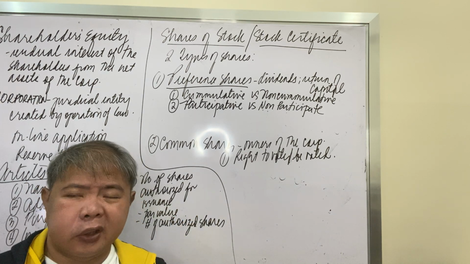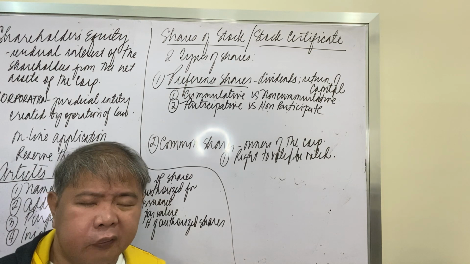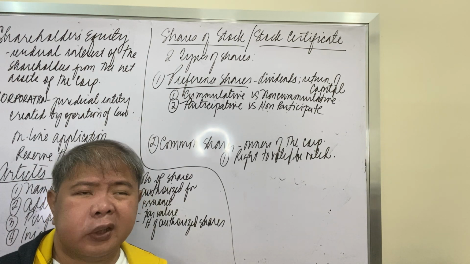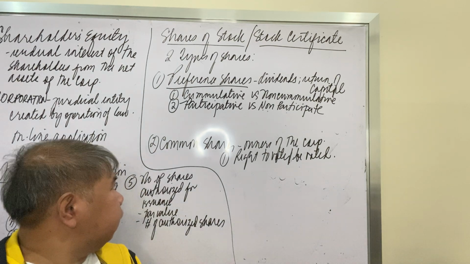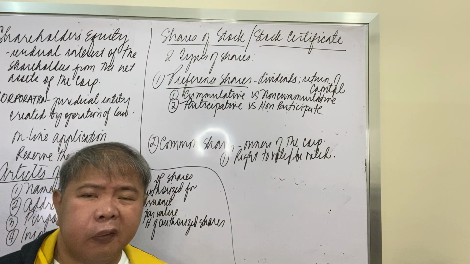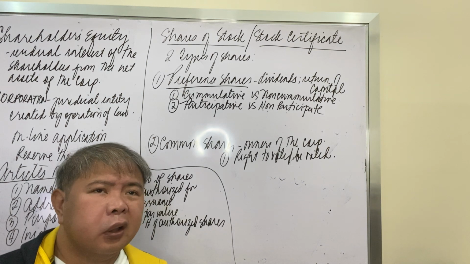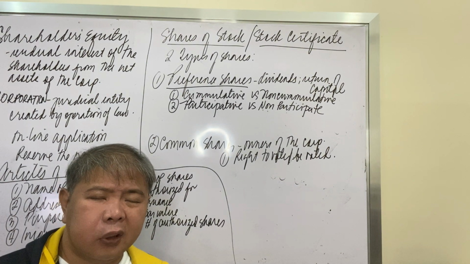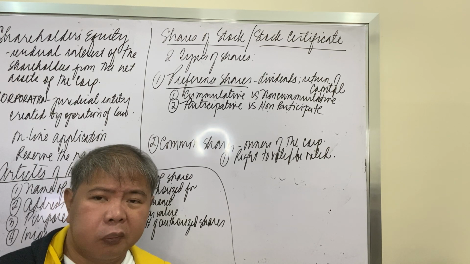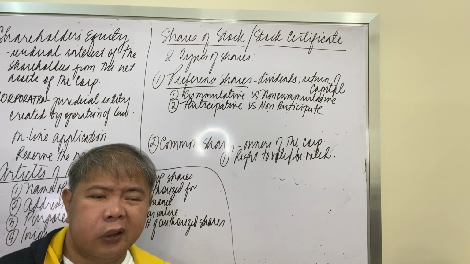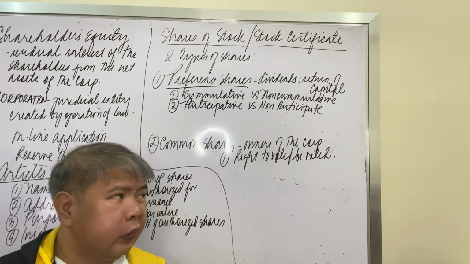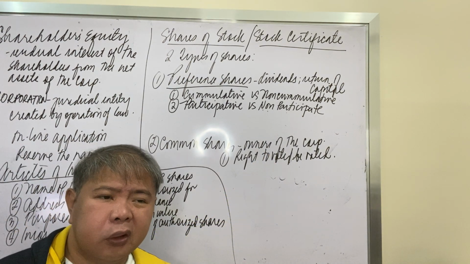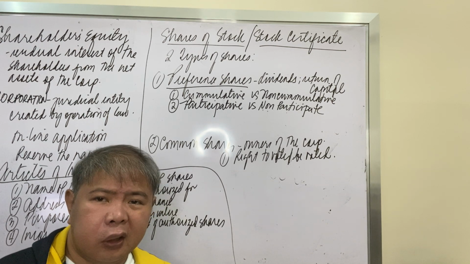For example, a 6% preference share means that in the event of a declaration of dividend, they will get 6%. Now, if the preference share is participative, then they can still get a share from the dividends that are supposed to be for common. So they participate in the sharing of the dividend. Non-participative, they can only participate up to the rate of the preferential dividend.